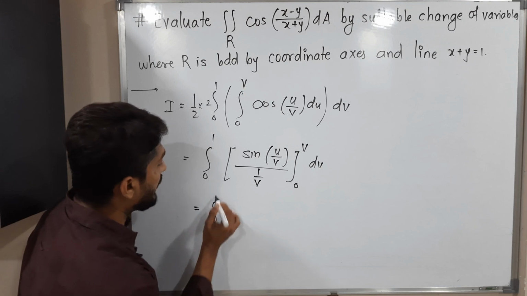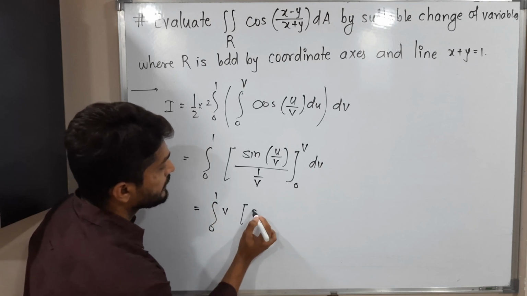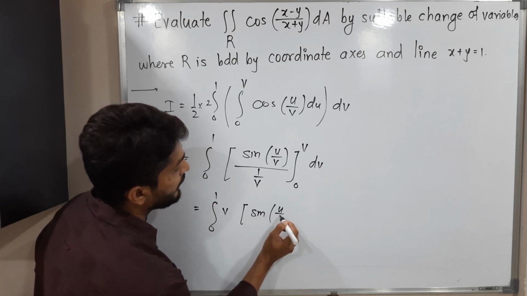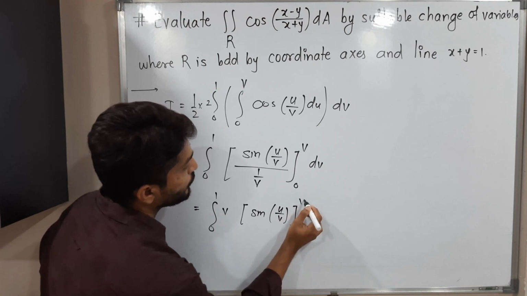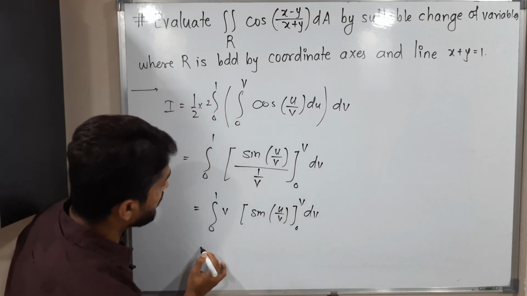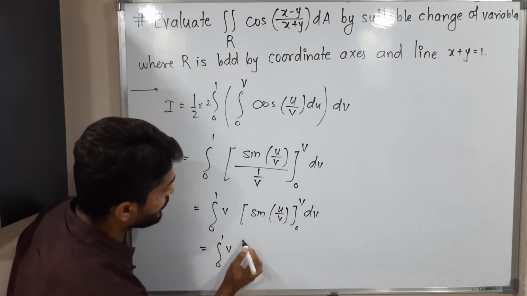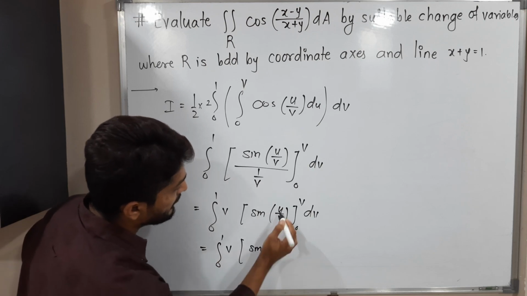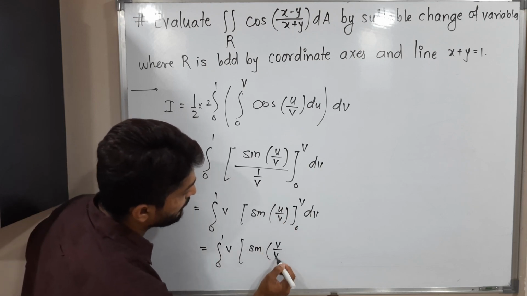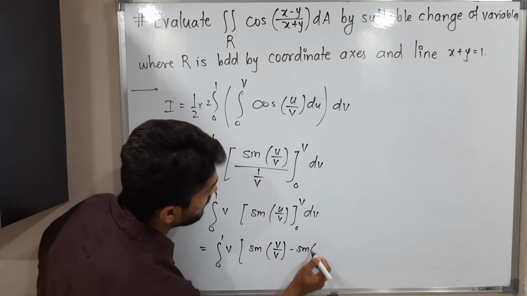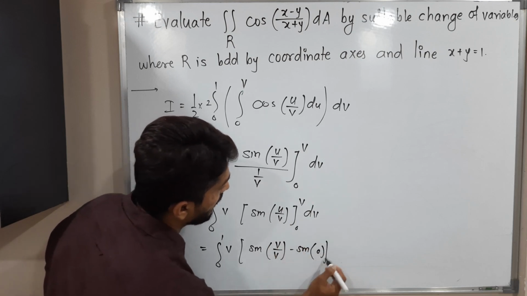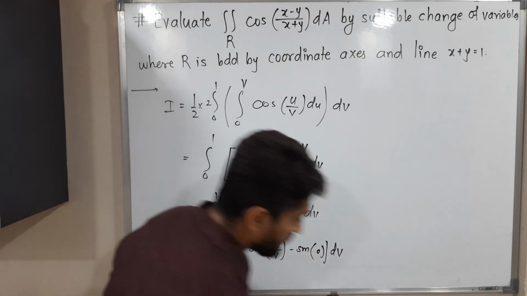So that v will appear here. Sine u by v, 0 to v dv. Let us put the upper limit and lower limit. At the place of u, I am going to put v by v, minus sine, I am going to put 0.